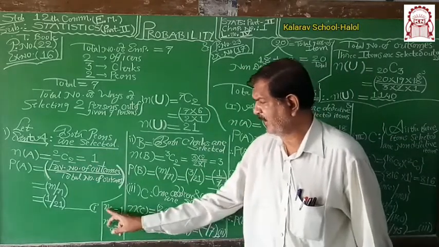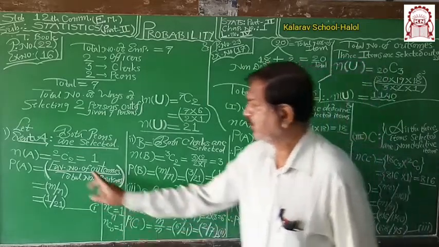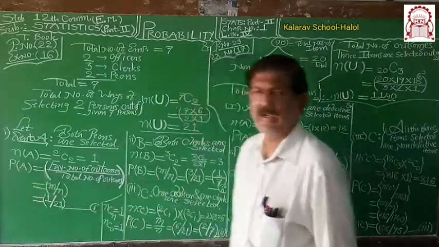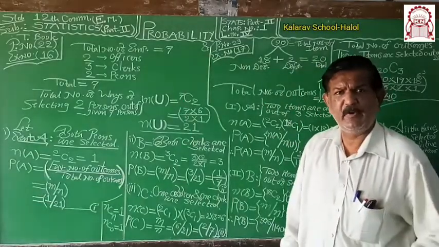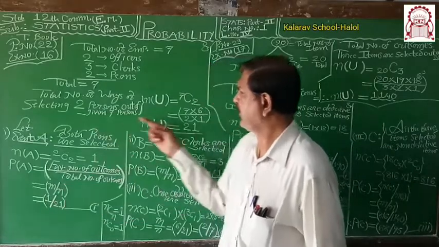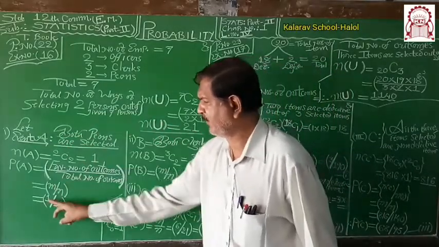You remember the result nCn equals 1 and nC0 is also 1. So the probability of happening is favorable outcomes upon total outcomes, 1 upon 21, and therefore P(A) is 1 by 21.